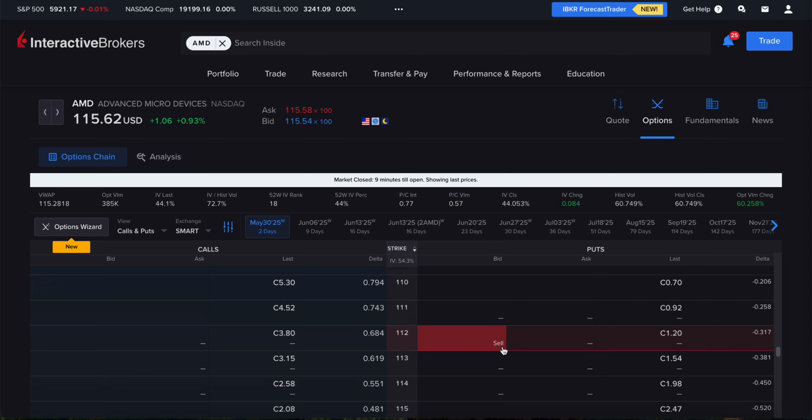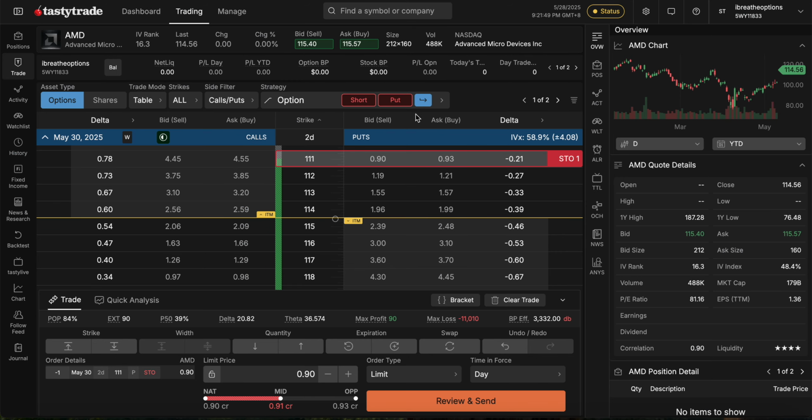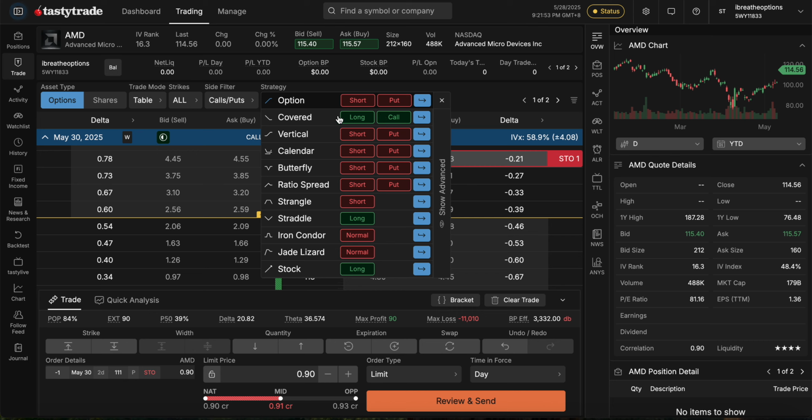So just to end this video, delta is not the same as probability of profit. It is a shortcut if you look at delta. But if we are building a multi-leg strategy like iron condor or credit spreads, debit spreads, how do we take a look? So here, there are different strategies. We can choose to do a vertical spread, butterfly spread, strangle, straddle, iron condor.